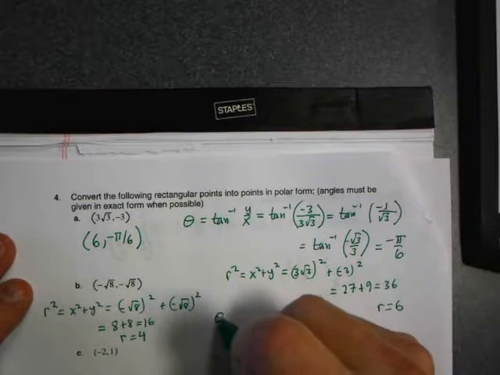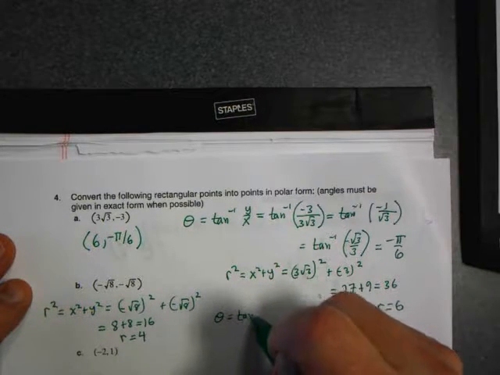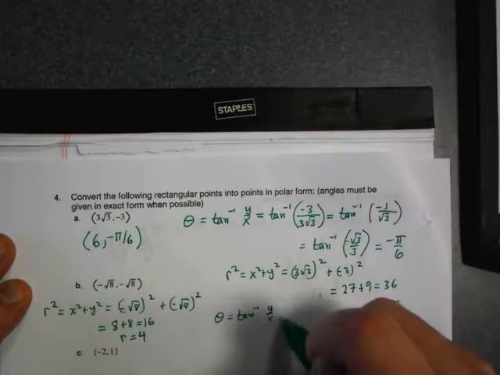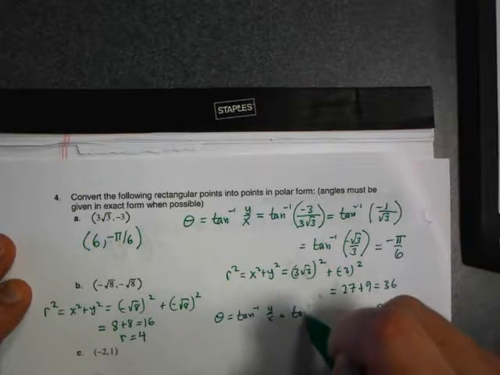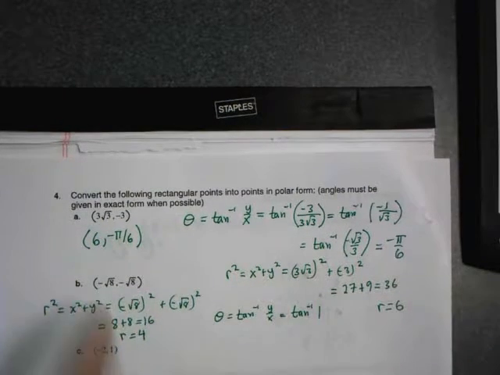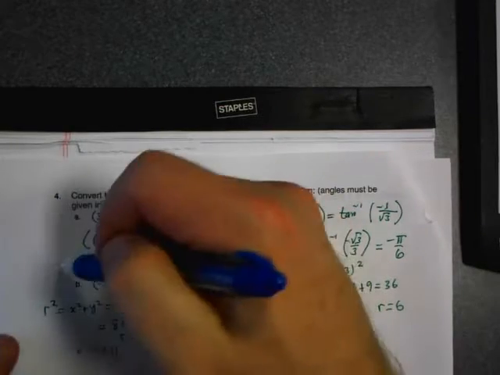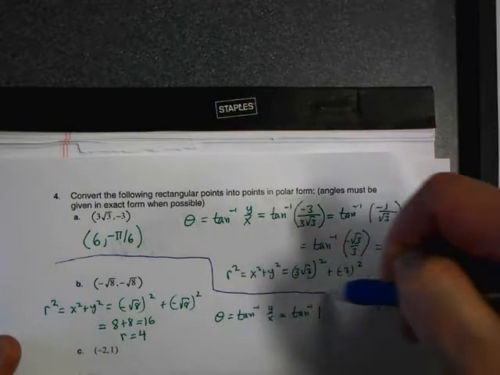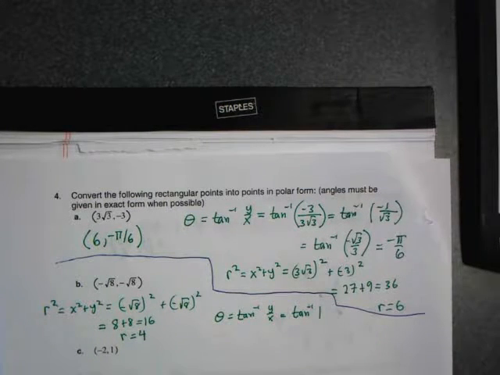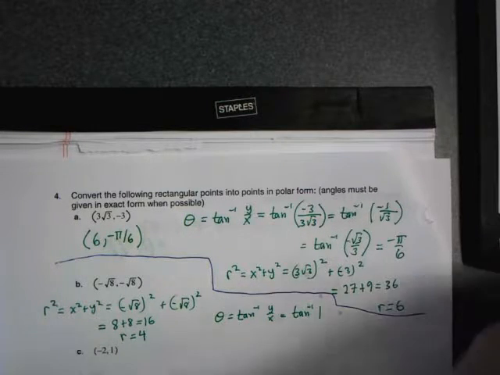Theta is the tangent inverse of y over x, but that's going to be the tangent inverse of 1, isn't it? Because y and x are exactly the same thing. What's the tangent inverse of 1? It's pi over 4.